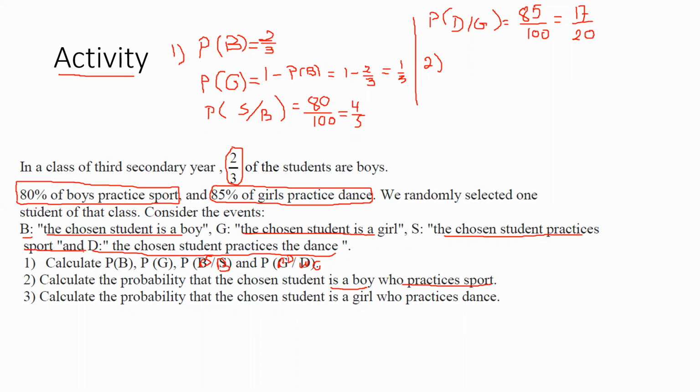It says 85% of girls practice dance, meaning 85% knowing that they practice dance. No, knowing that she is a girl: from the girls, knowing that she is a girl, 85 practice dancing.